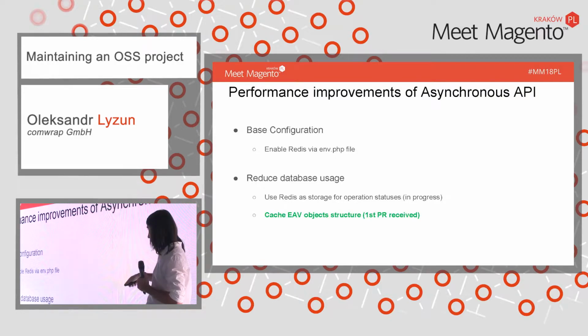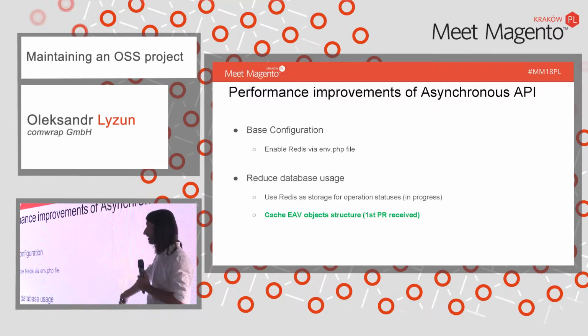And also, we want to cache the EAV object structure of Magento. Currently, when you send a new request to a Magento async endpoint, it takes the object and still validates that the structure of your JSON is correct based on the EAV attribute structure. That's something we want to improve.